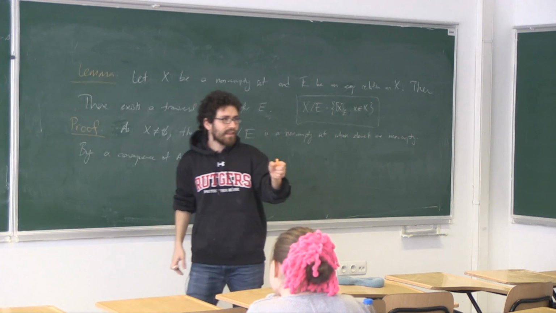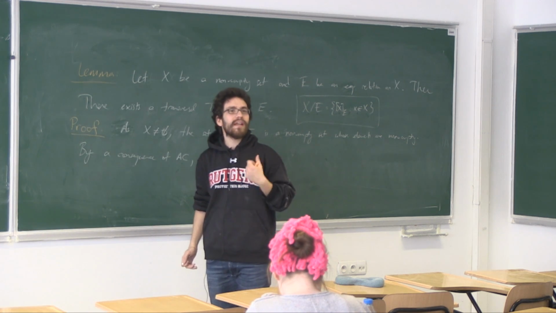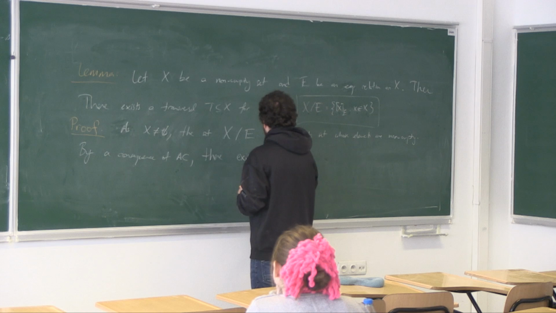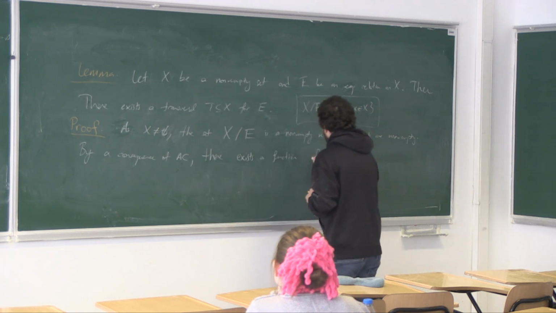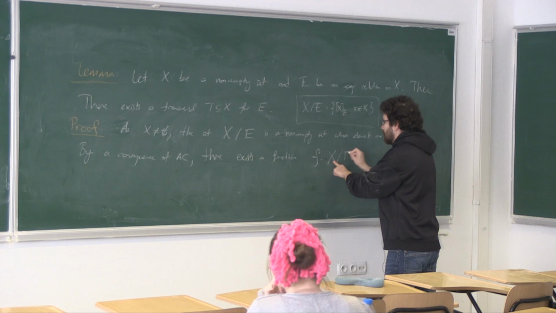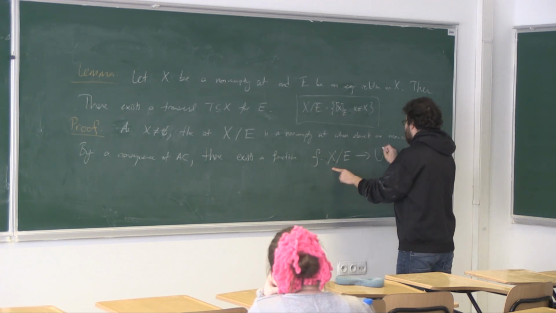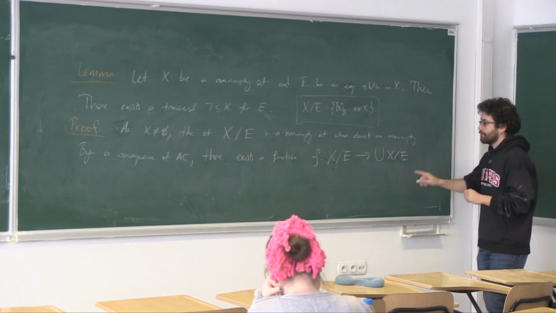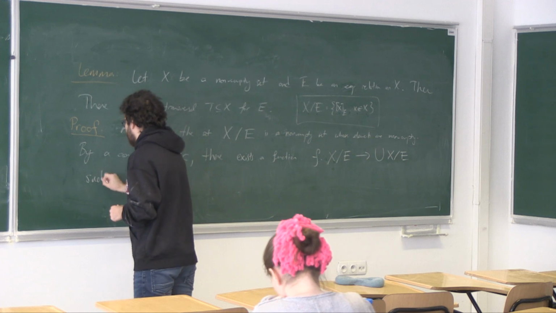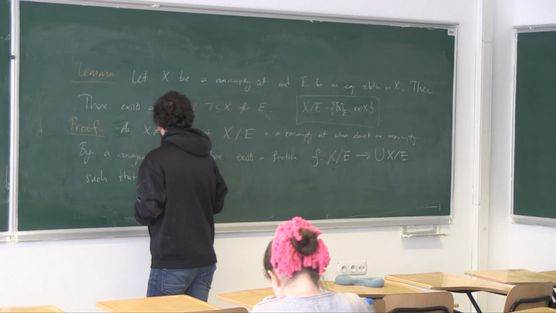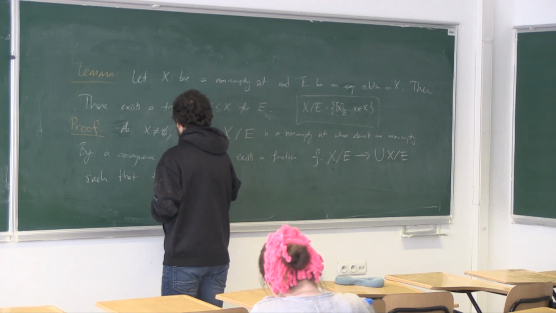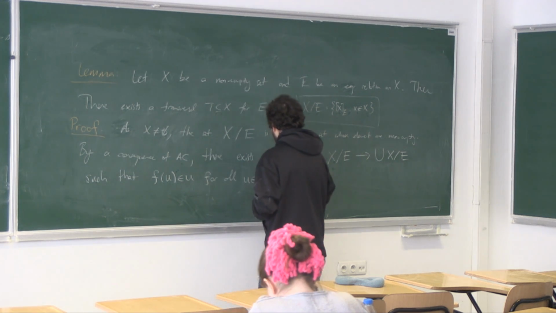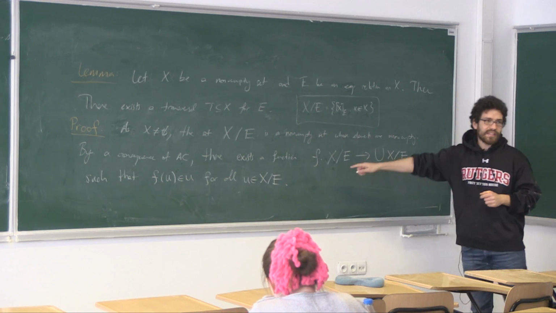That lemma said, if you have a non-empty set whose elements are non-empty, then there exists a function from here to here such that f of u is in U for all u in X quotient E. This is simply by axiom of choice.